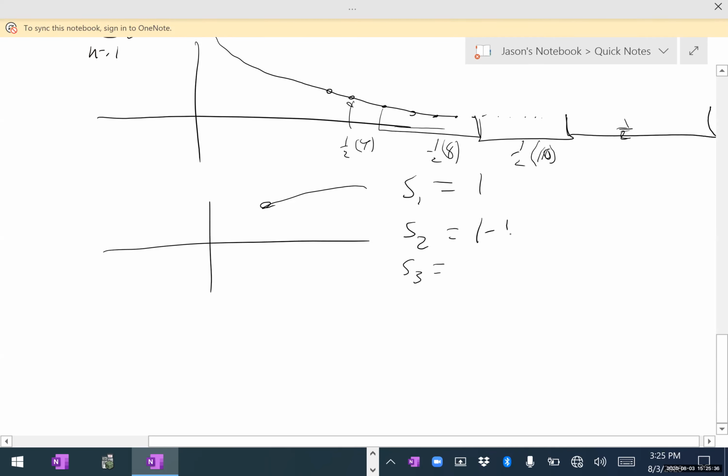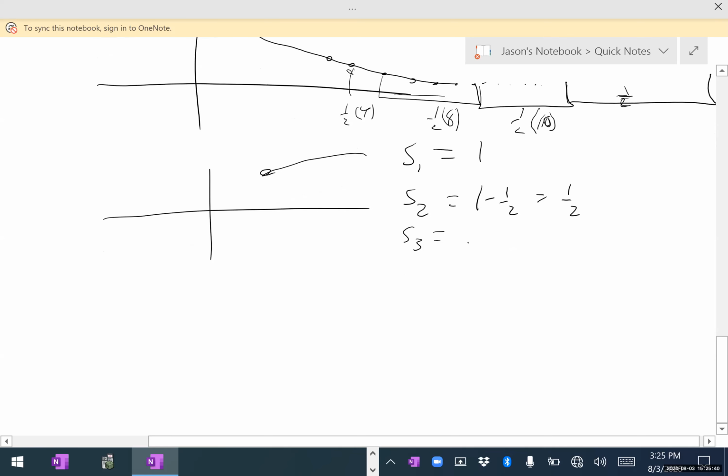Because this is 1 minus 1/2, which is 1/2. And then we're at 1 minus 1/2 plus 1/3. Well, what's S2 plus the next term? That's S3. 1/2 plus 1/3, wasn't that 5/6? But then S4, what are we going to do now? We're going to subtract off 1/4.